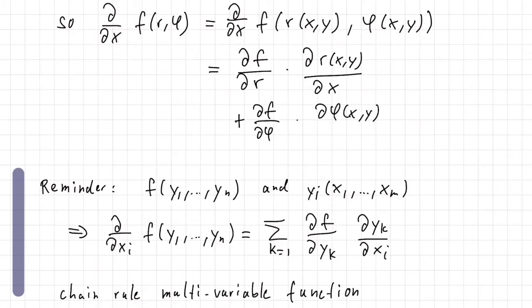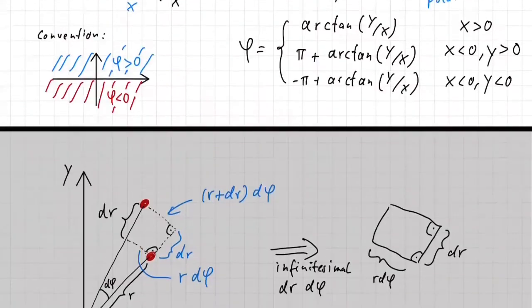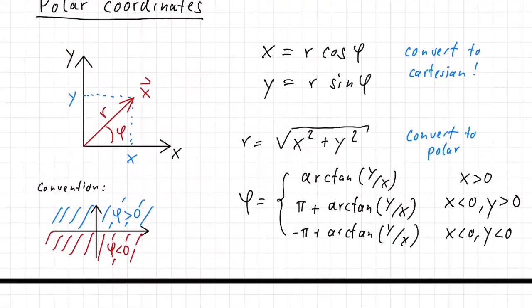of x, y dx. And now to simplify this expression further, we need to go back to the definition of what r was in terms of x and y, and what phi is in terms of x and y. So we can just quickly go back in our lecture notes, and we see that these were these expressions here.